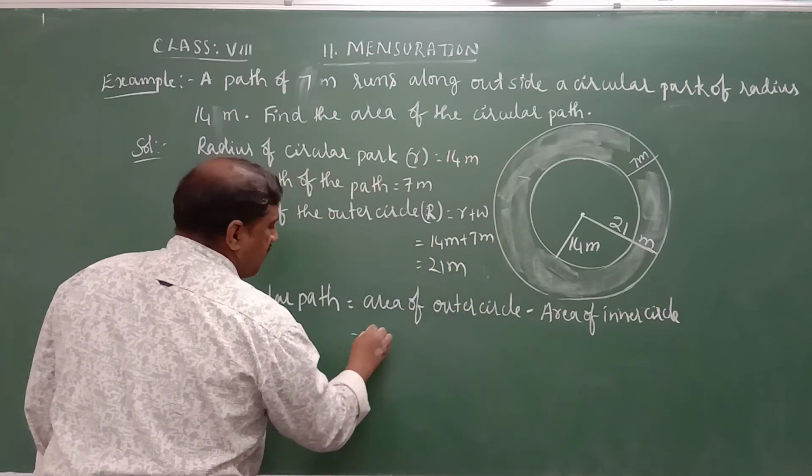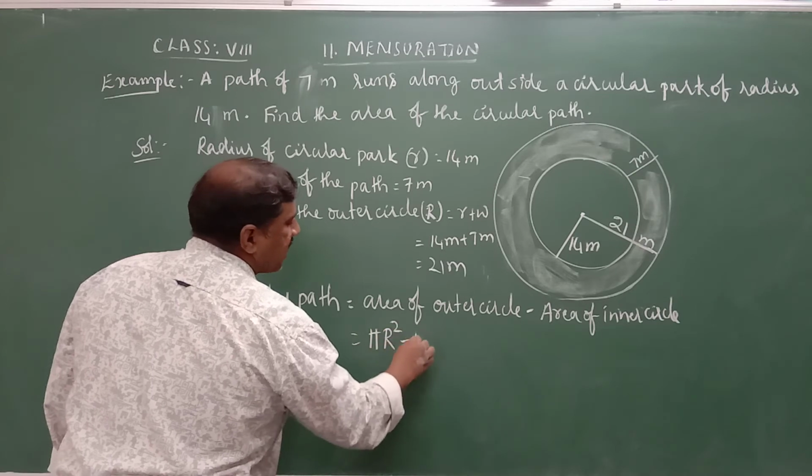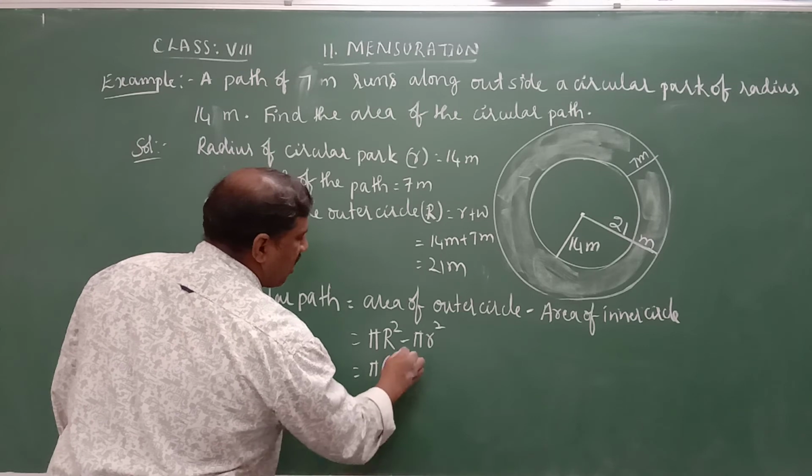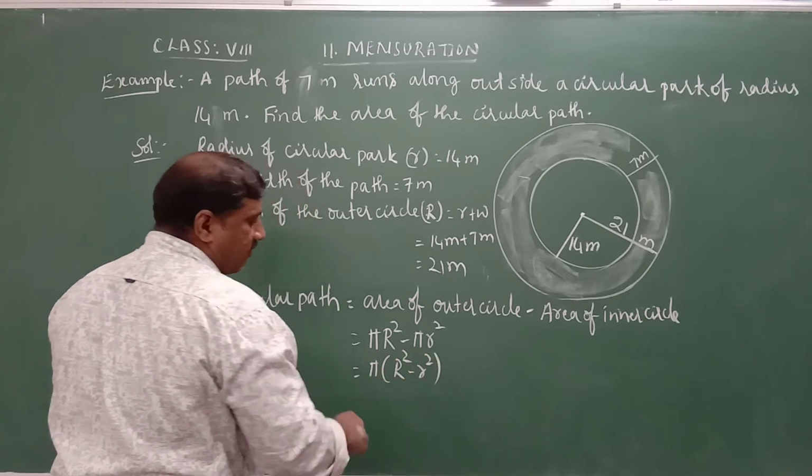That is pi capital R square minus pi small r square, that is pi into capital R square minus small r square.